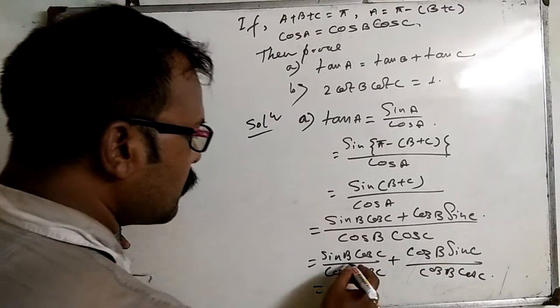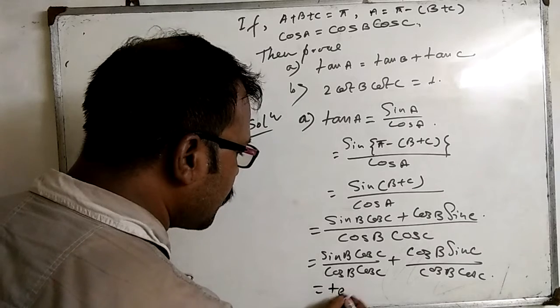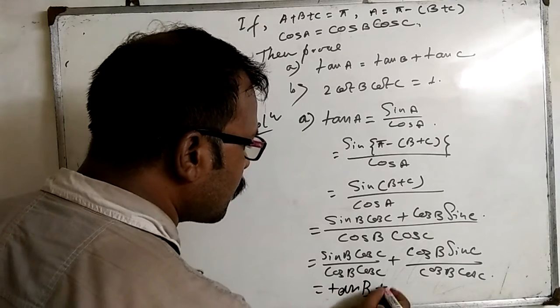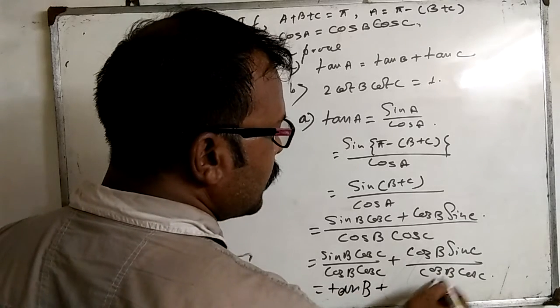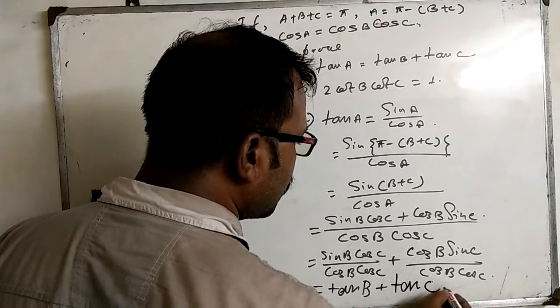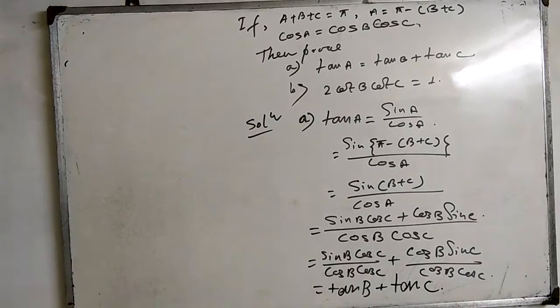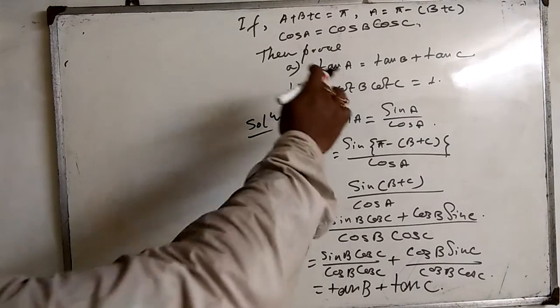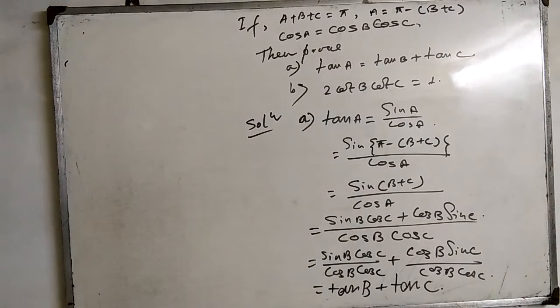So cos c vanishes out, that will be tan b, and cos b will vanish out, sin c by cos c, that is tan c, right?